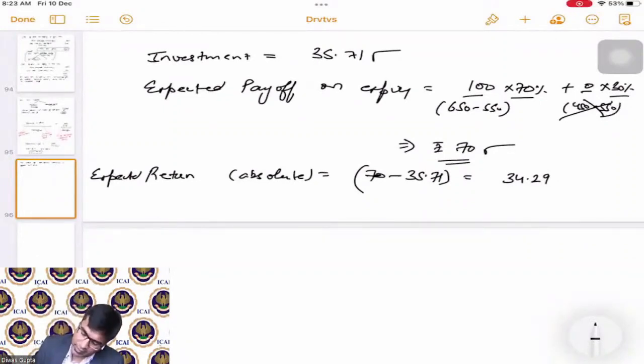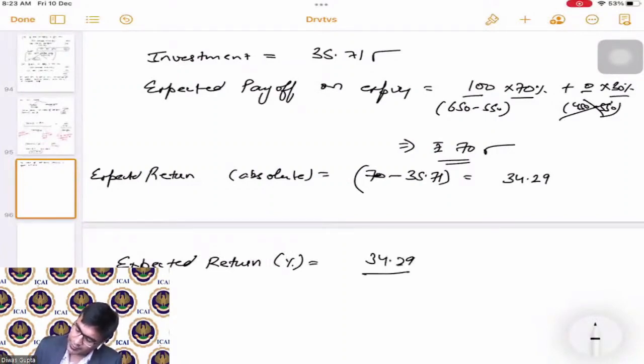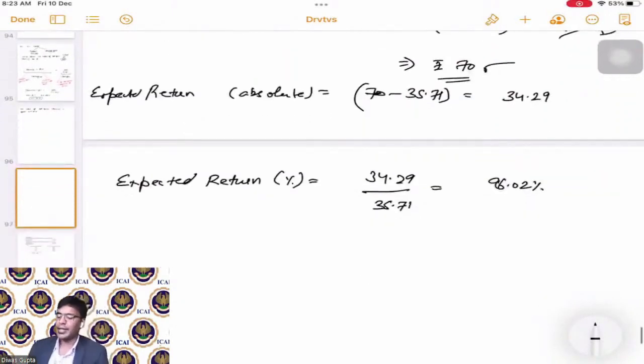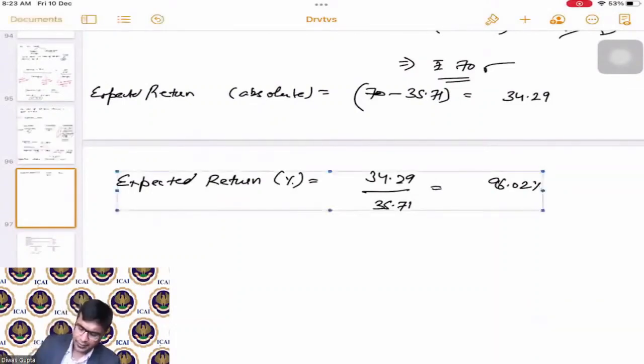And the expected return in percentage will be calculated as 34.29 by the initial cost. Correct? This is the percentage, coming out to 96.02 percent. This is the expected return in the form of percentage.